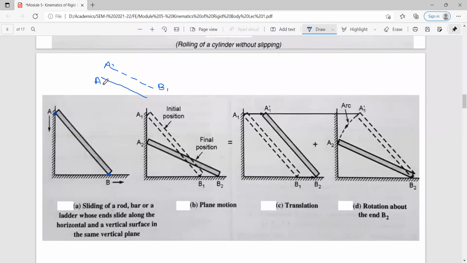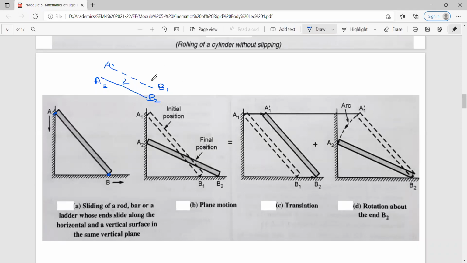If the final position A2B2 is parallel to it, then you can say the ladder just translated to the new position. It is called translation. But here you see the initial and final positions are not parallel. They are not parallel, so you can't say that it is a pure translation.